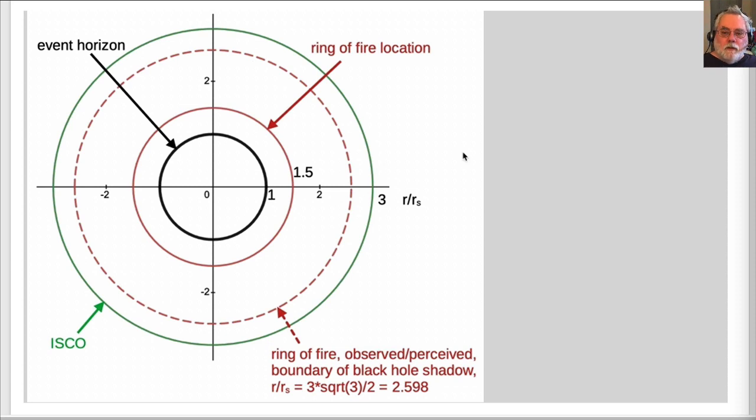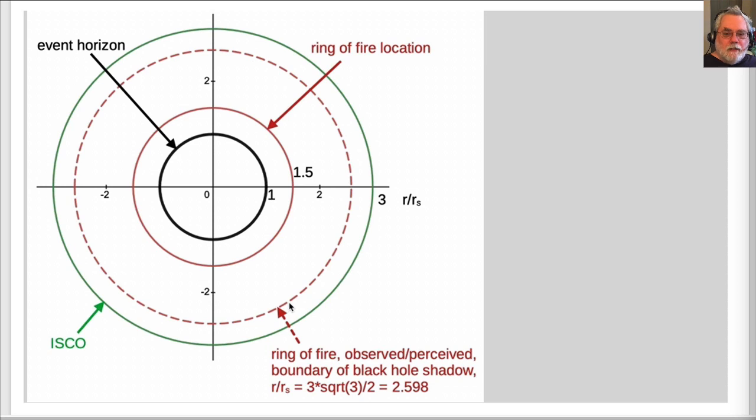The particular curvature of spacetime for the black hole curves the light trajectory such that it finally approximates a straight line at an impact parameter of 2.598 Schwarzschild radii, which is where the observer perceives the ring of fire and the boundary of the black hole shadow. That is the red dashed line circle that I've put here.